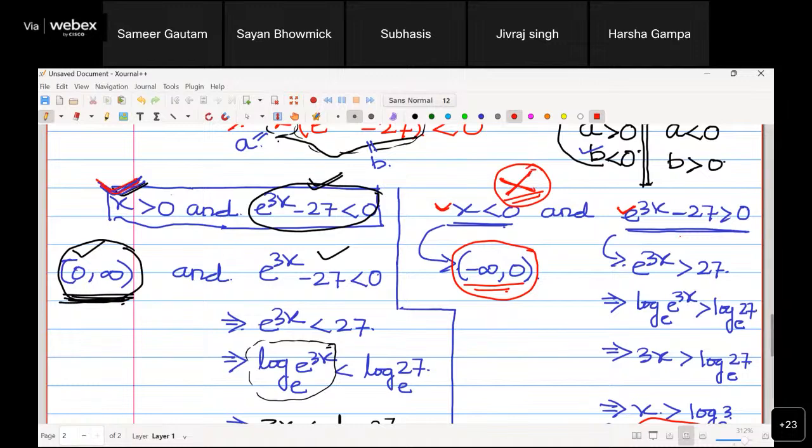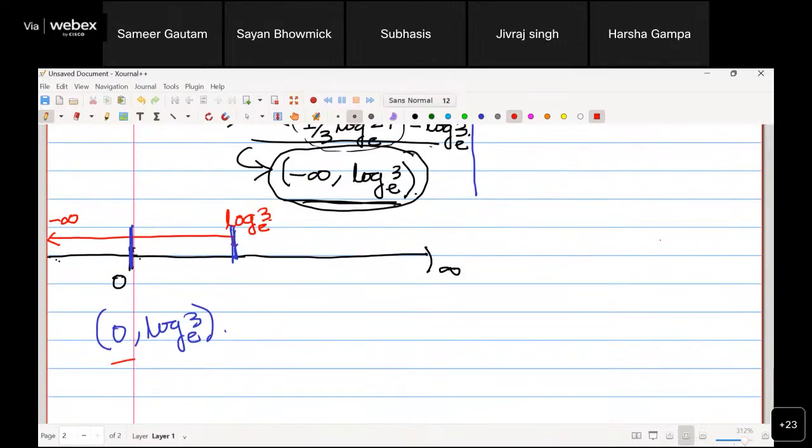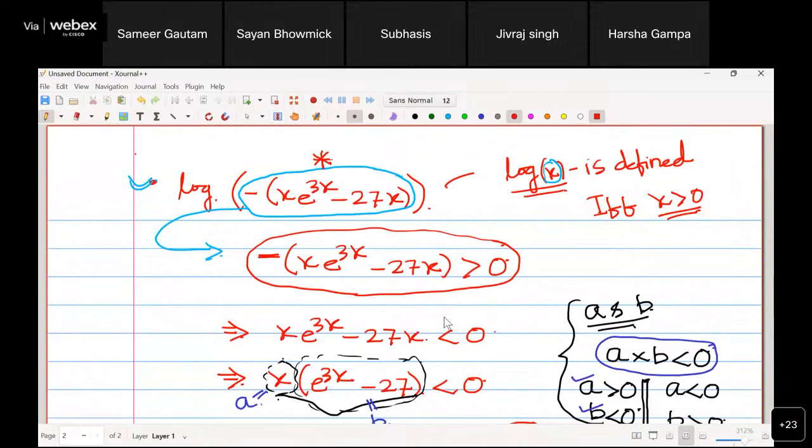And from this case, our region is 0 comma log 3 base e. So in this region this thing is positive, right?